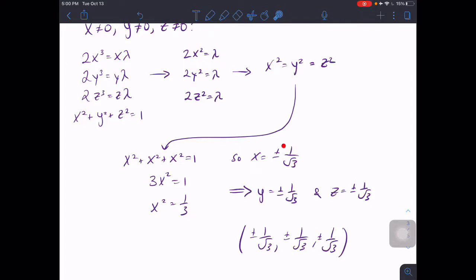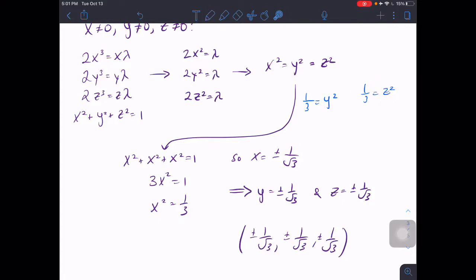But then you plug this value into this, and then you'll get that 1/3 is equal to y squared, because you're going to have to square this, right? You square either plus or minus, you'll get 1 over 3. And similarly, you'll also be able to conclude that 1/3 is equal to z squared.